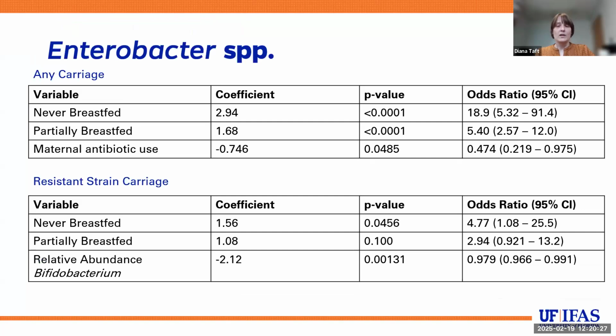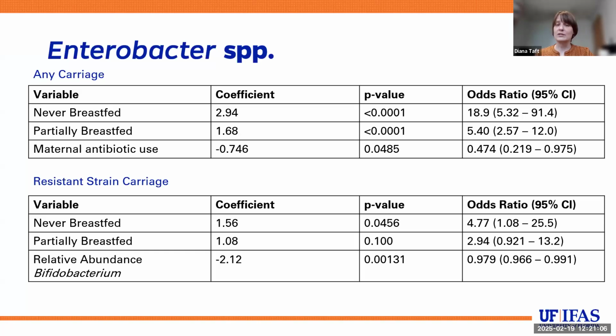With Enterobacter species, again, breastfeeding is protective against carrying an Enterobacter species, and it's also protective against carrying a resistant Enterobacter. Maternal antibiotic use actually decreased carriage of Enterobacter, so this may represent the fact that if you're knocking out some of the Enterobacter before or during delivery, infants don't pick it up as much from other places, but that is speculation on my part.